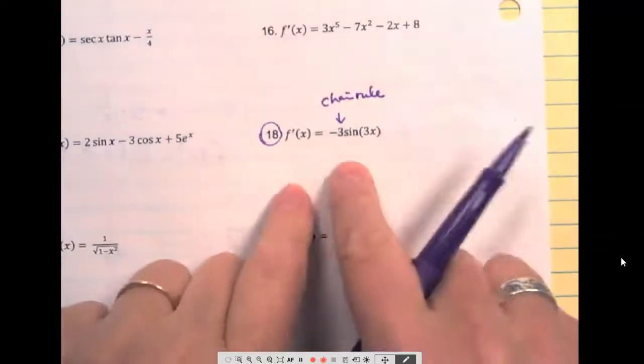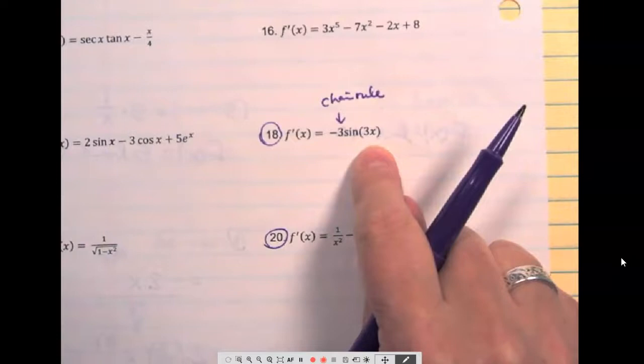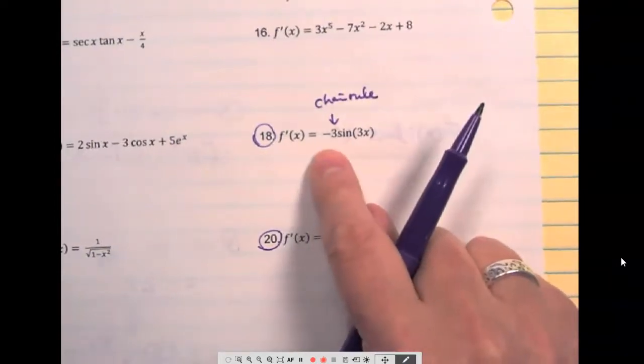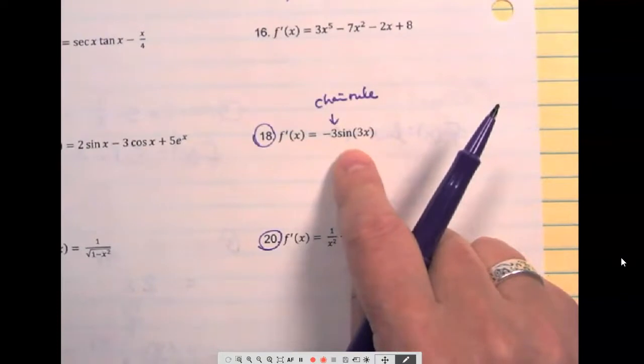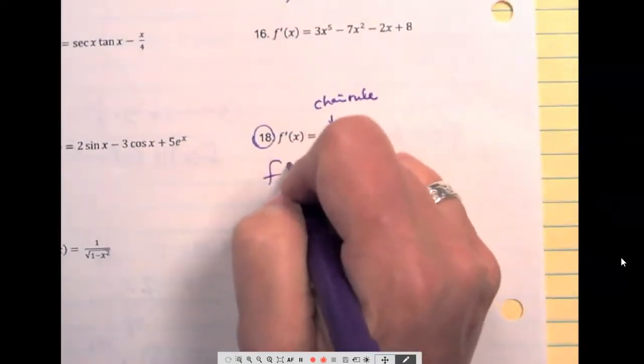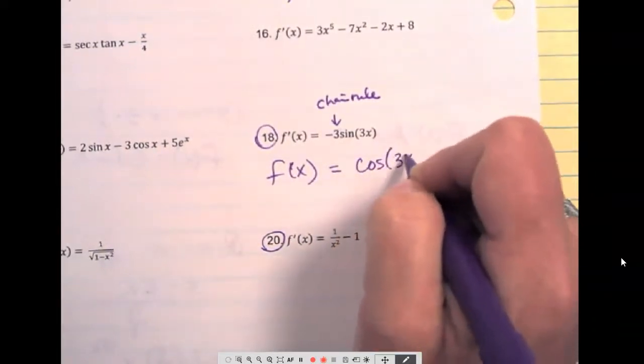So let's ignore the 3. I have a negative sine. What's the antiderivative of just plain sine? Negative cosine. So what if I have a negative sine? That means I started with regular cosine. So f of x had to be cosine of 3x.